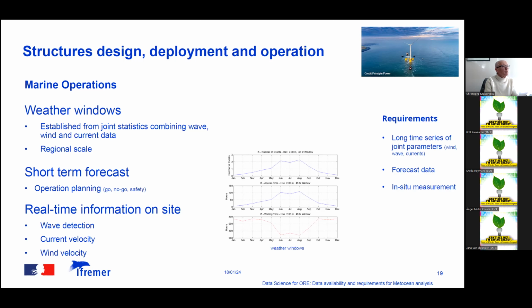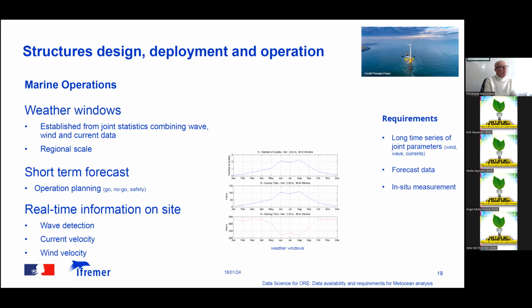So in order to do that properly and to establish these weather windows, we need to build joint statistics combining information on wave, wind, and current. And we also have to address this at the regional scale. When I talk about regional scale, I mean the area between the harbor where the supply or operation vessels are located, down to the production site where the structures are deployed or to be deployed.